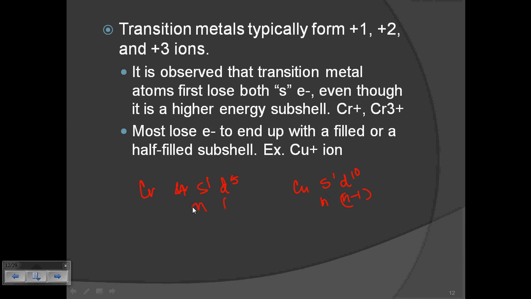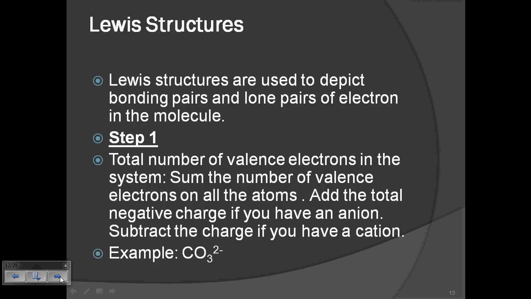For chromium, first of all, it loses one s electron because it's farther out, but then to form 3+, it can lose more than one electron. Similarly, copper can lose its s electron, or if it's forming 2+, then it can start losing its d electrons as well. I might have switched copper and chromium around, so check the electron configuration.